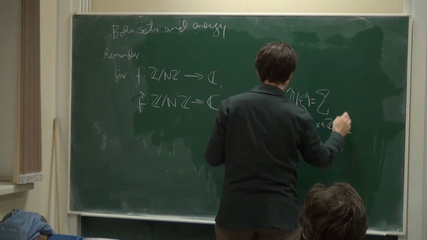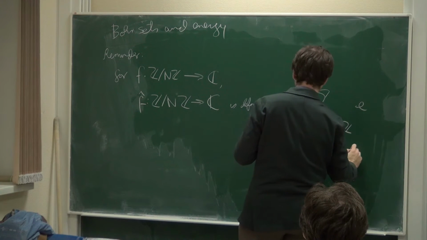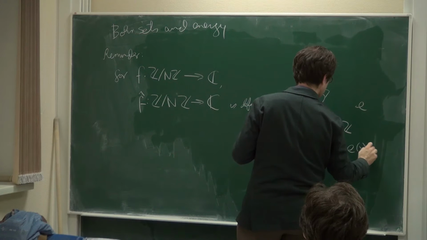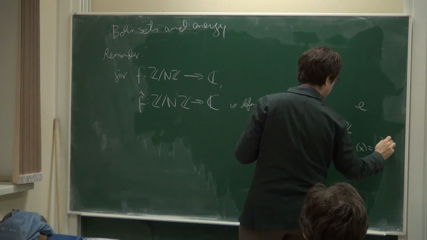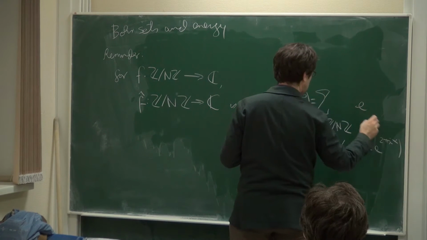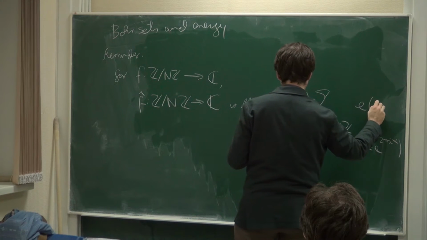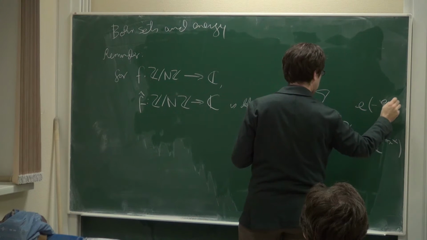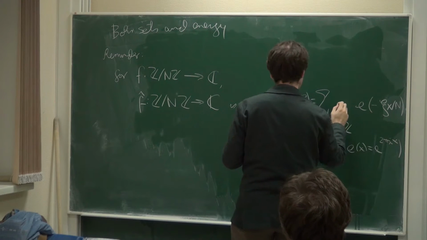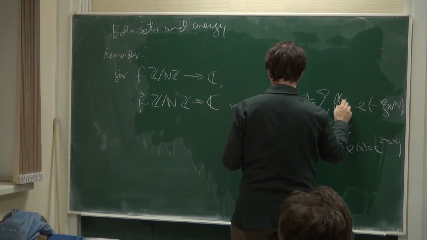Whereas usually I write e as shorthand for e to the 2 pi ix. e of x is e to the 2 pi ix. So here I have minus psi x over n, and here I have f of x.